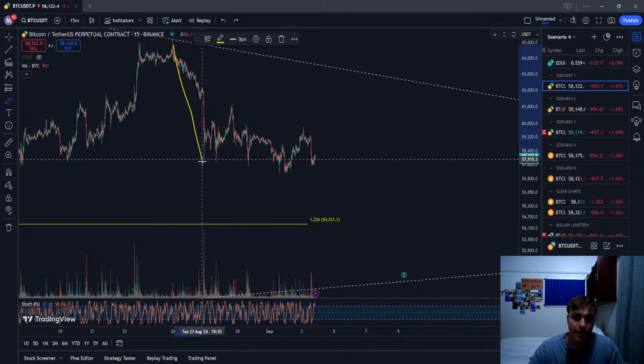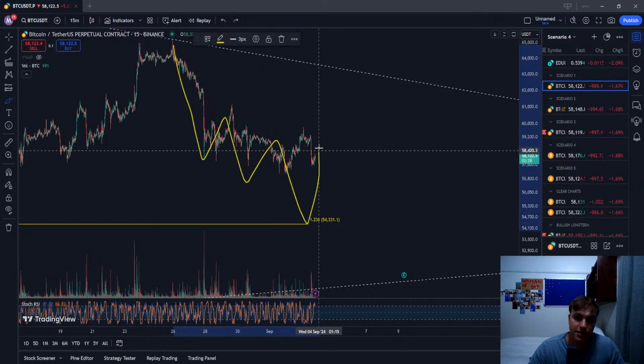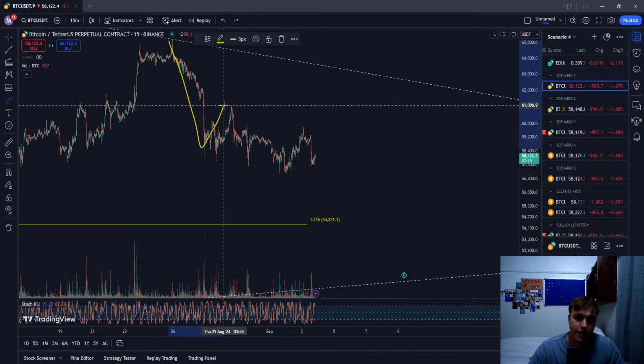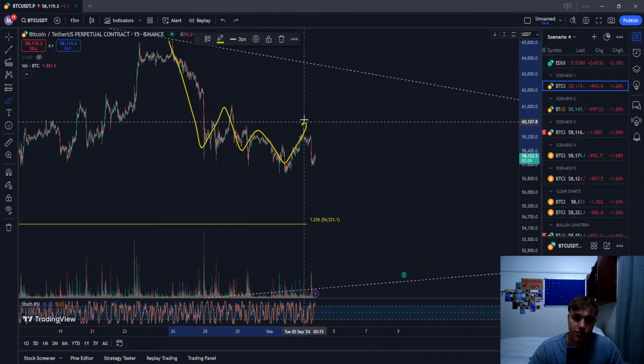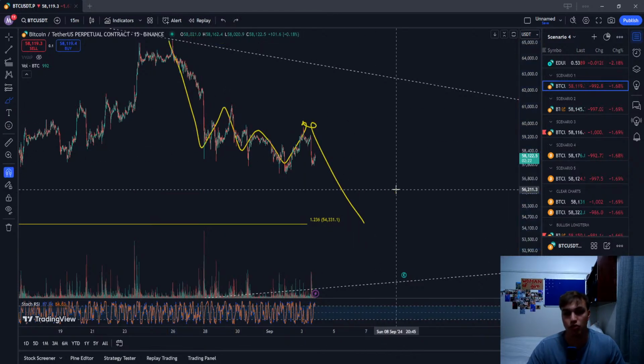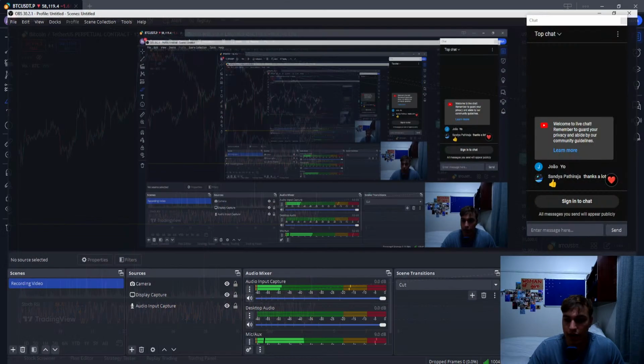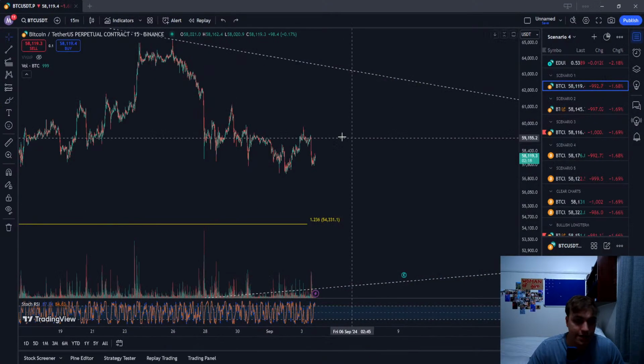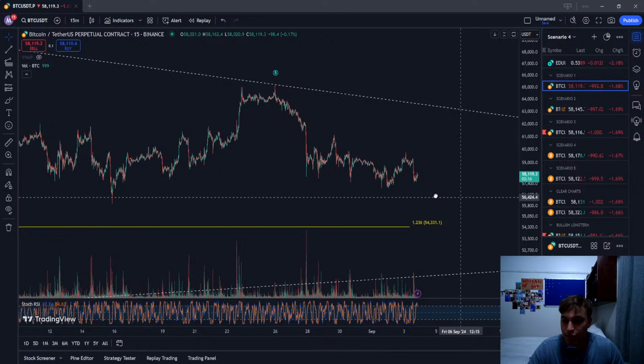So we have that A, B, C, D, E, finishing the B, and then having that move to the downside. So let's keep watching and seeing if price does that.